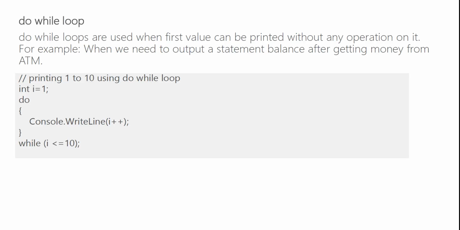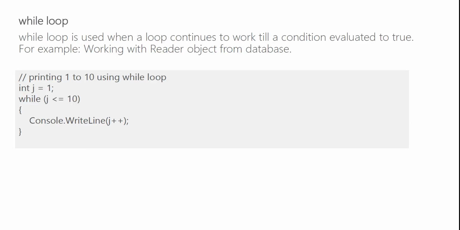Do while loop is used when the first value can be printed without any operation on it. For example, when we need to output a statement balance after getting money from ATM. Second, while loop. While loop is used when a loop continues to work till a condition evaluates to true.